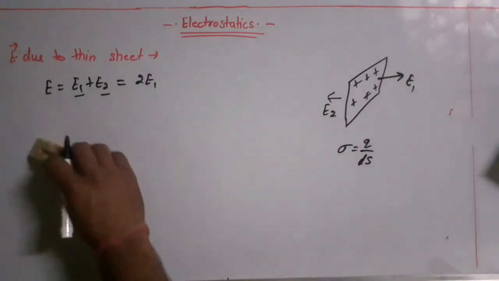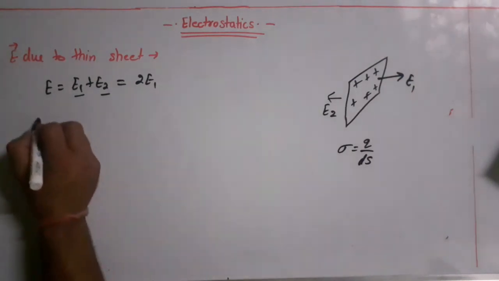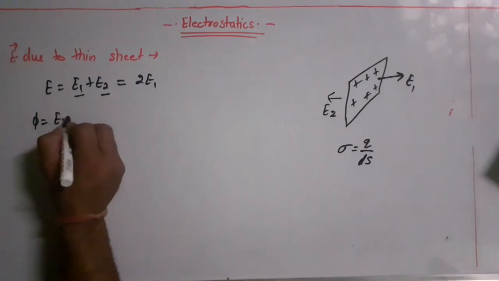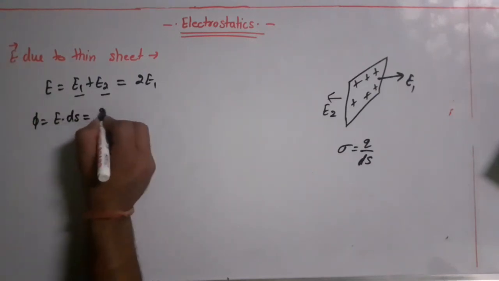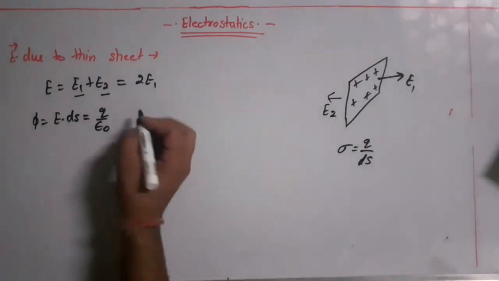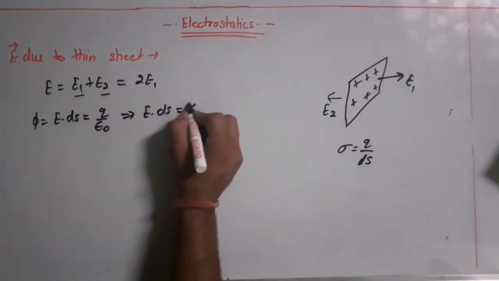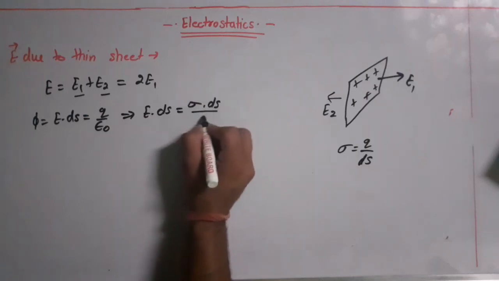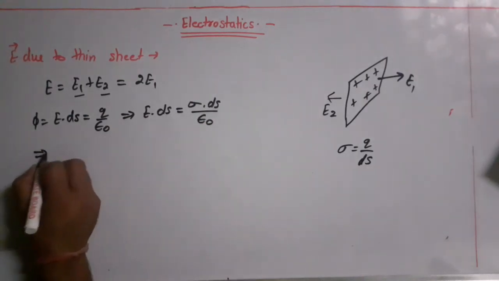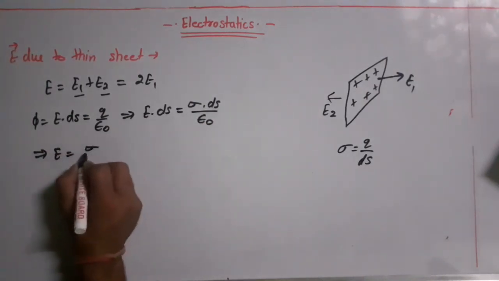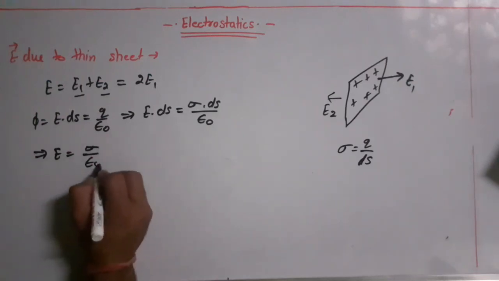Gauss law is phi equal to the integral of E dot ds, which is equal to q by epsilon naught. Let's put the value of q. So E dot ds is equal to sigma into ds by epsilon naught. What we will get? E is equal to sigma by epsilon naught.